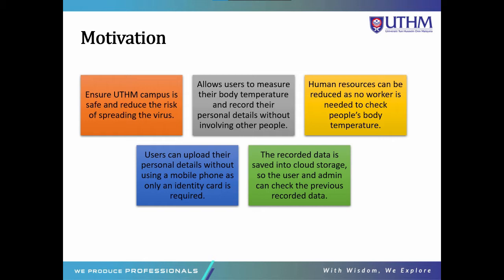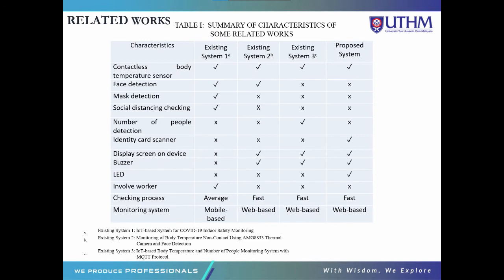Moreover, users can upload their personal details without using a mobile phone as only an identity card is required. Lastly, the recorded data is saved into cloud storage, so the users and admin can check the previous recorded data through the monitoring website.